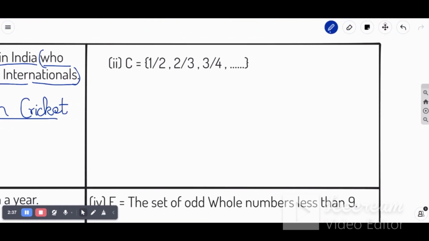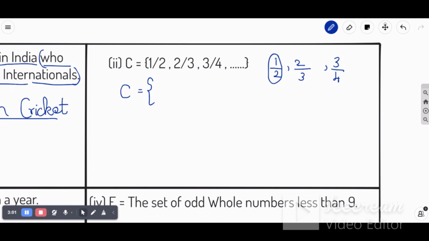Next question is C, you have to start this at C. Here we are not seeing any wordings as in the previous question. We are seeing only the numbers. So let us analyze the numbers 1 by 2, 2 by 3 and 3 by 4. If you take a single number, we have to form a rule for this.